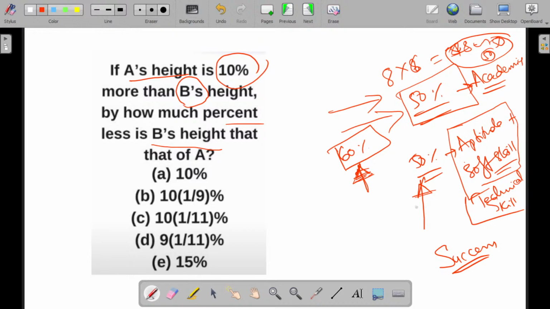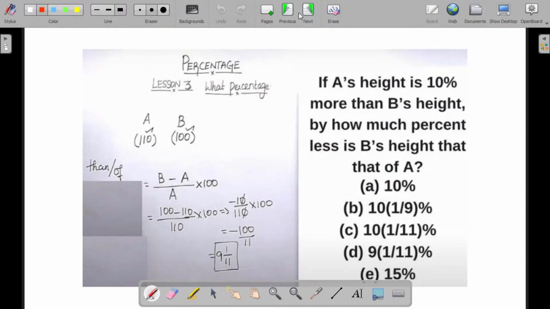Okay, so what is the answer? Please mention it in the chat box. The correct answer is D. If A's height is 10% more than B, it is similar to the previous one.